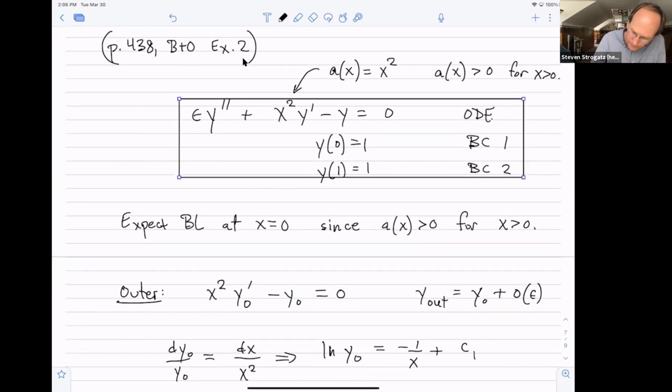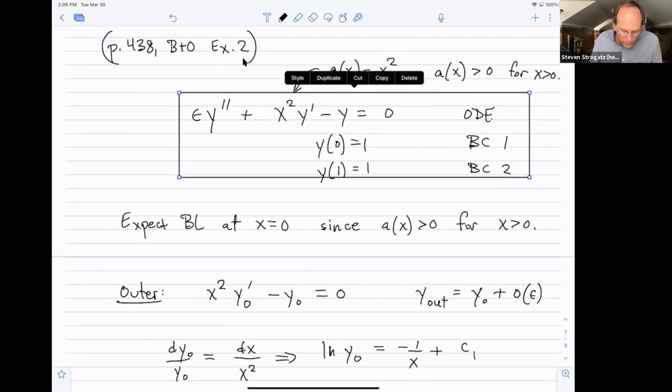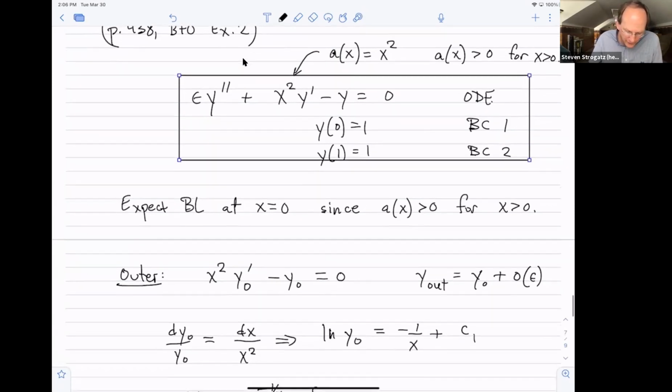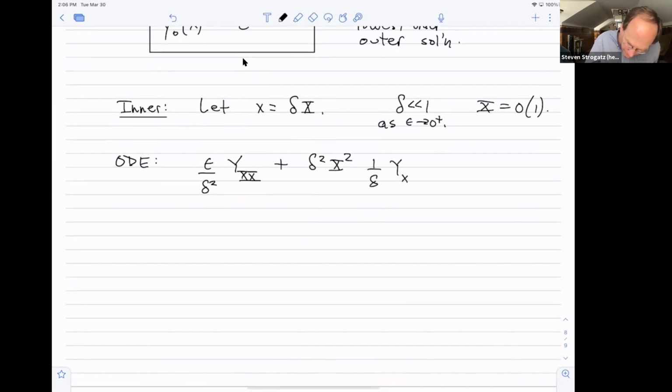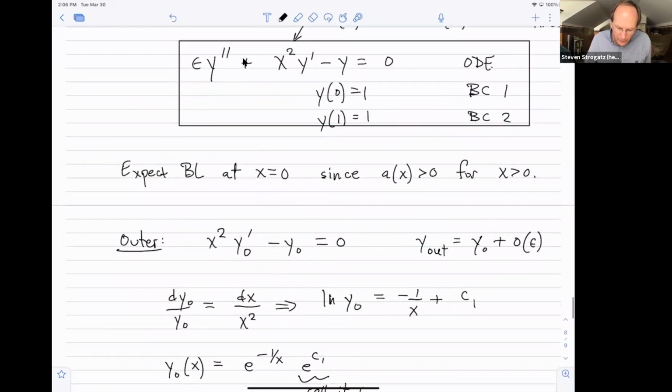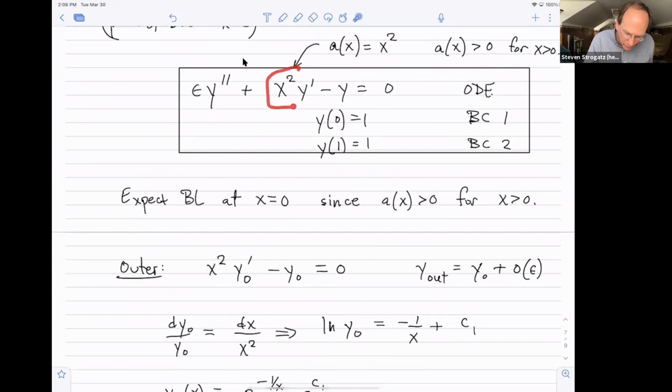We're still going to get that first term to be epsilon over delta squared, y double prime, or y sub big X big X. And now x squared will become delta squared, capital X squared, and then there was supposed to be a y prime, which is a 1 over delta y sub big X. And the last term up here, I've just written down this term, the x squared y prime.